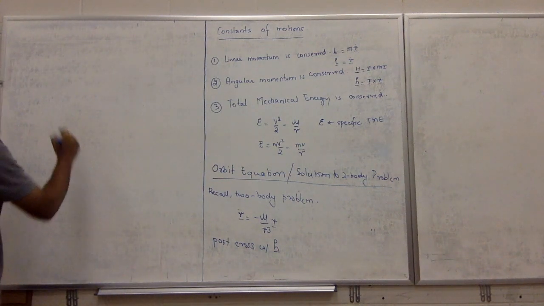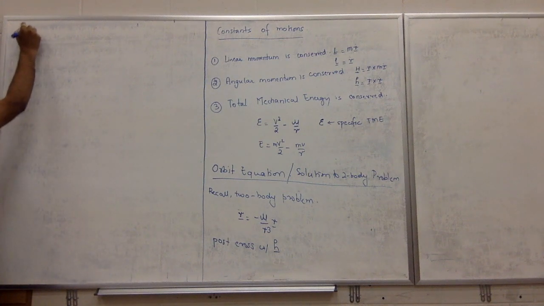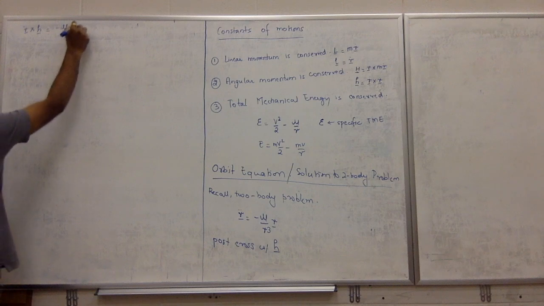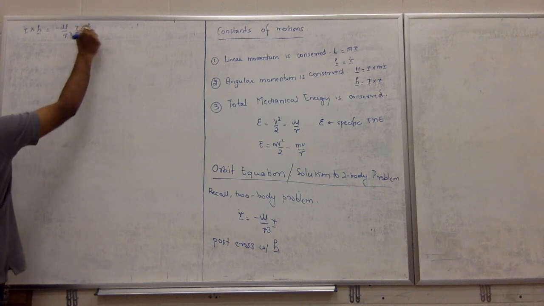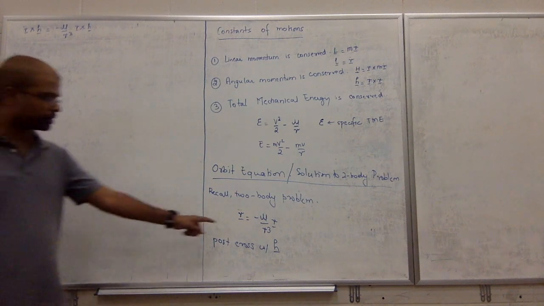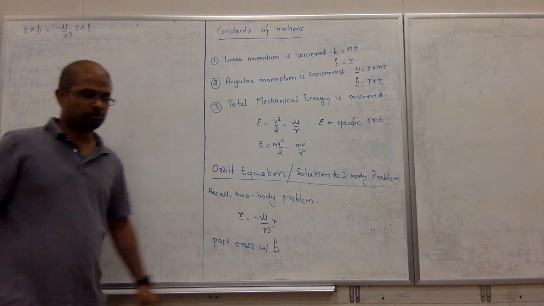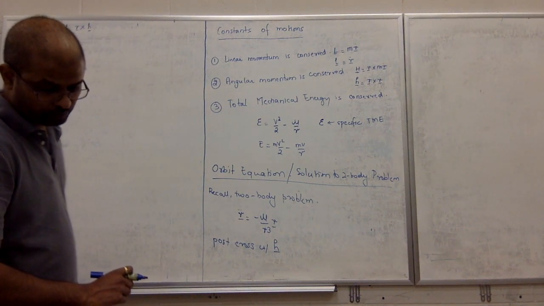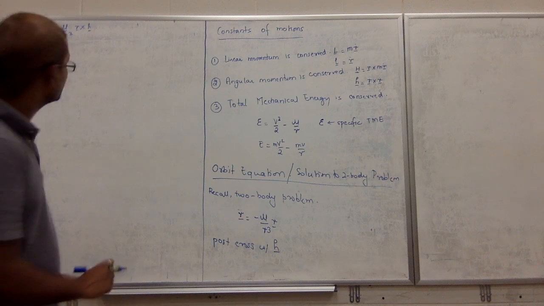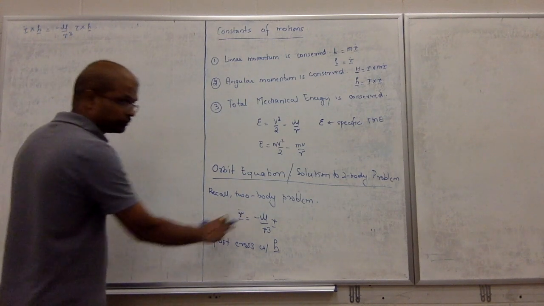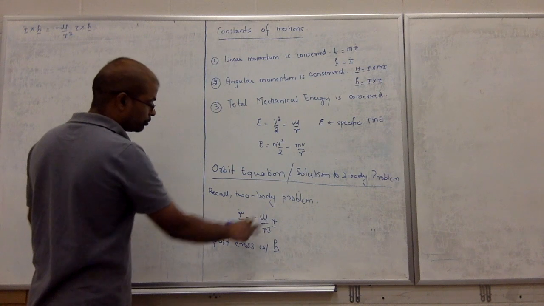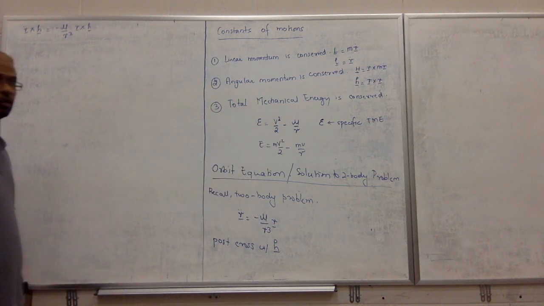So what you're going to get is R double dot crossed with h equal to minus mu over R cubed R crossed with h. I've crossed this equation with h on both sides. Why is it negative? Look at the equation. It is R double dot plus mu over R cubed R. So if you move it to the right hand side, it will be negative.